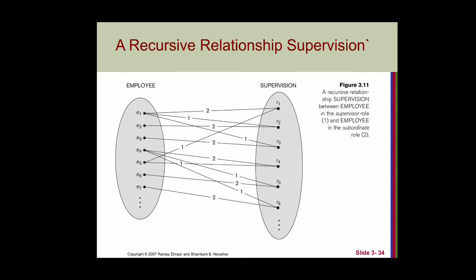What does it mean? Relationship instance R1 indicates that employee E5 is working as a supervisor for employee E1. In the same way, consider instance R2, wherein E1 is the supervisor for E2, because on the line from E1 to R2 we have written 1, and from E2 to R2 we have written 2. That means E1 is a supervisor for employee E2. So this is known as a recursive relationship.